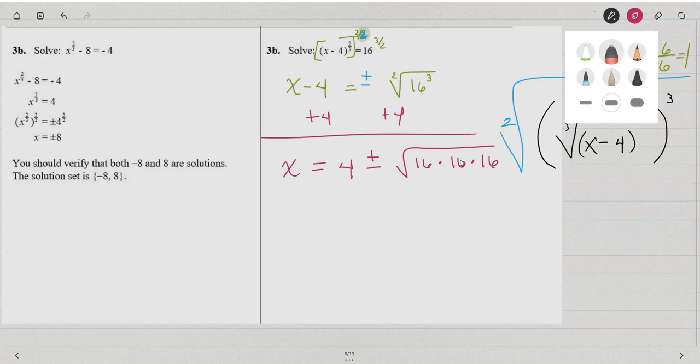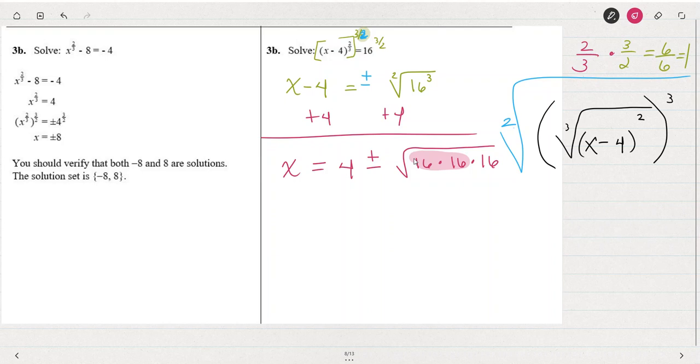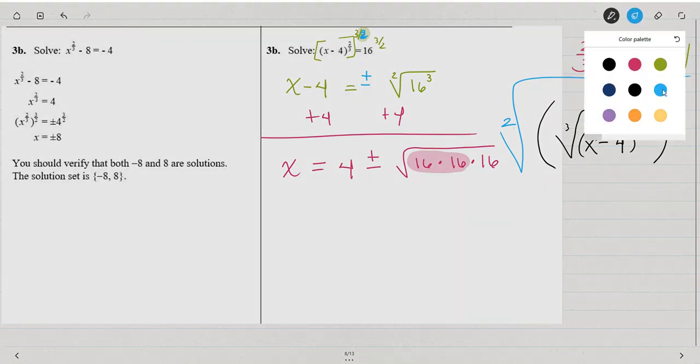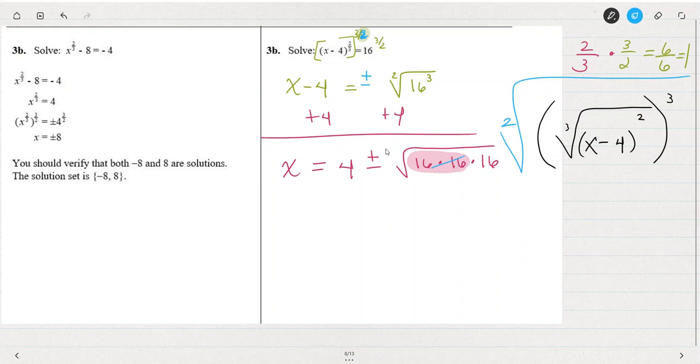The square root of 16 times 16 times 16, I can remove one of those 16s, right? And then the square root of 16 is 4. So the square root of 16 cubed is equivalent to 16 times 4.